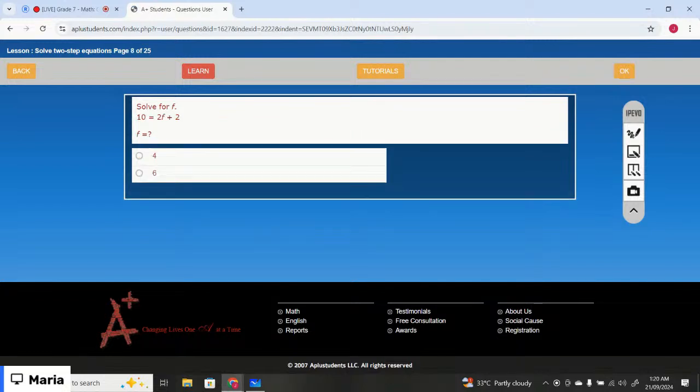Solve for f. 10 equals 2f plus 2. So which is the correct option?